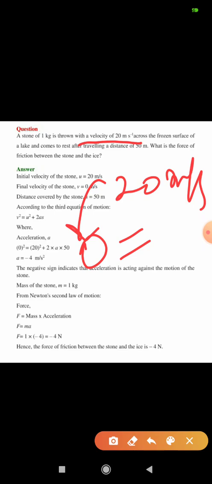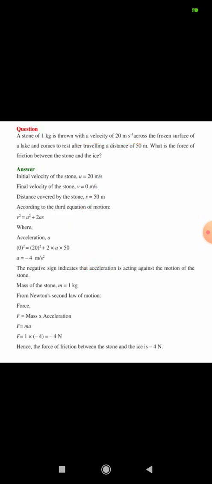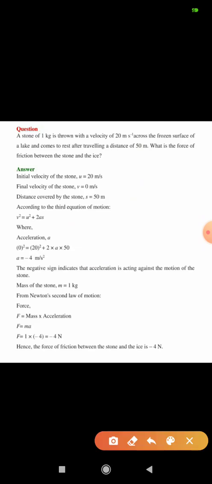That is why instead of acceleration, retardation was taking place. And we have already discussed that when acceleration turns negative, it is represented by retardation as well as by the minus sign. We can say the minus sign indicates the acceleration is acting against the motion.